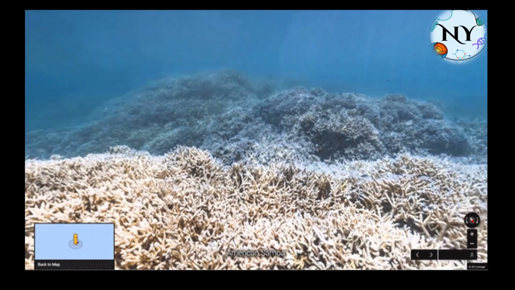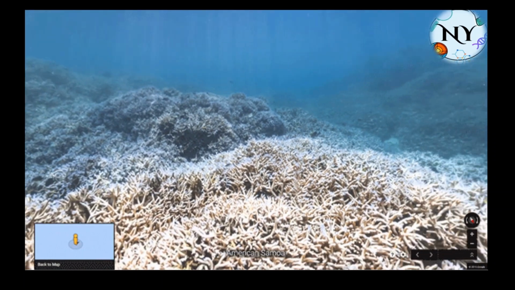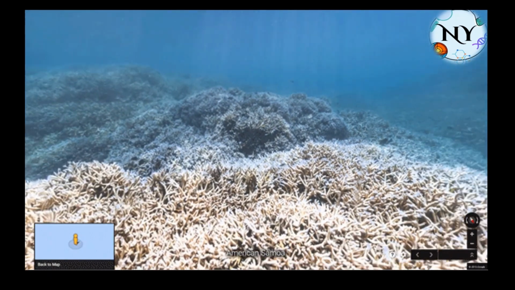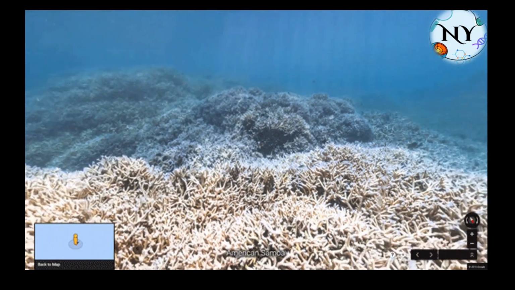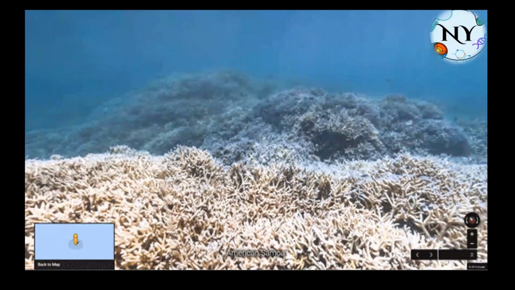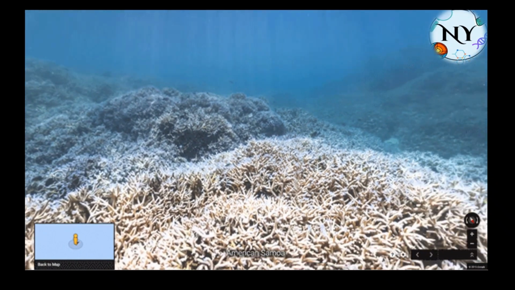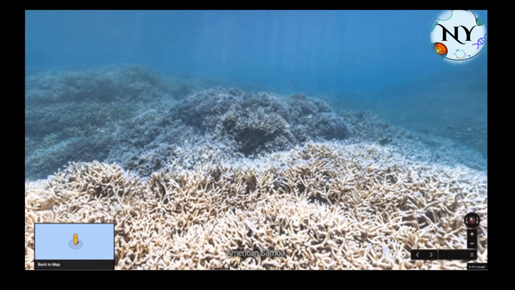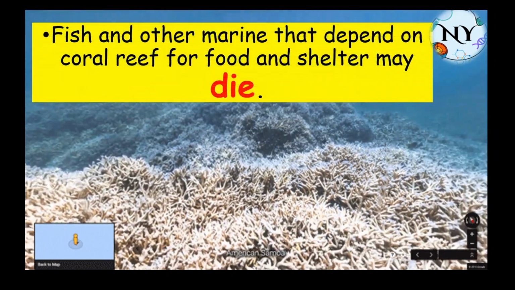All right, so as we can see here, all of these coral reefs turn into white color due to increasing the temperature of water, and they get rid of algae that live inside their tissues. And of course, we said that this phenomenon is known as coral bleaching.